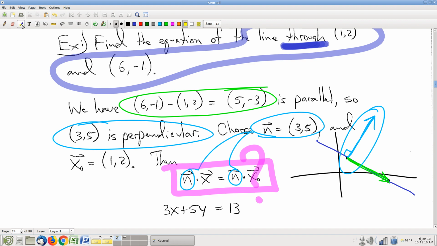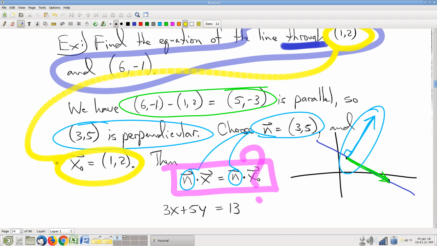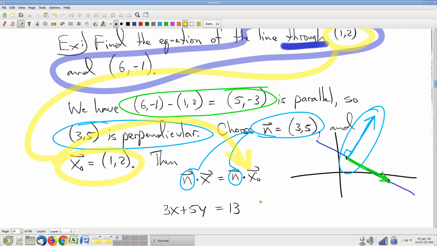So I'm going to pick that one to be my x naught. That goes there. So there's my x naught, and then just write it all down, and there's your equation of your line. Everybody on board?